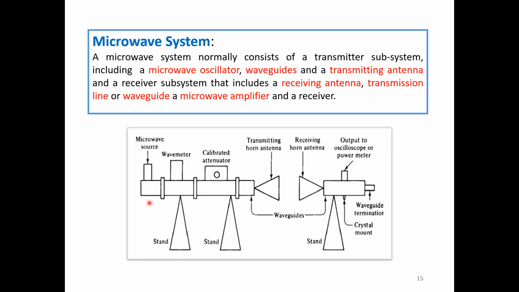So that is the microwave system. It has the microwave source and wave meter, a calibrated attenuator, the transmitting horn antenna, and the receiving horn antenna.